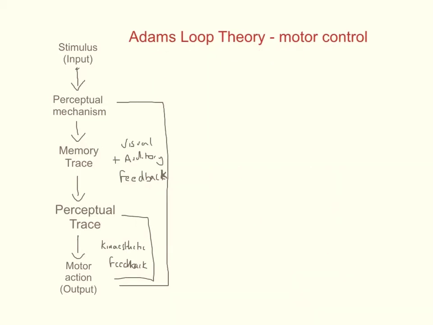Okay, so here we have Adams' loop, and this is level 3, and it's a closed loop again. So again, we've got a feedback loop, but this time the feedback loop, as you can see, is much longer.